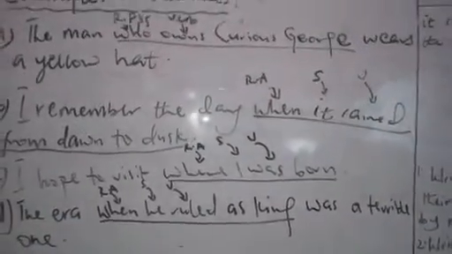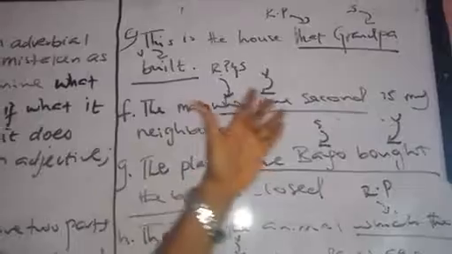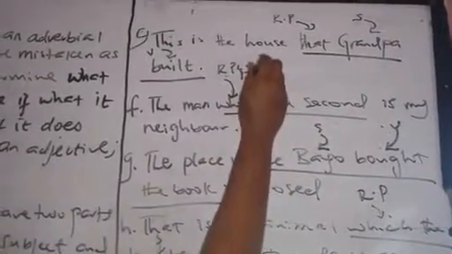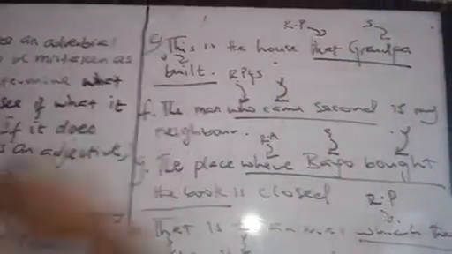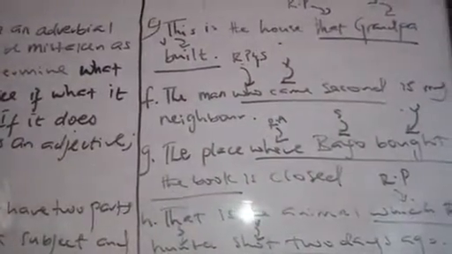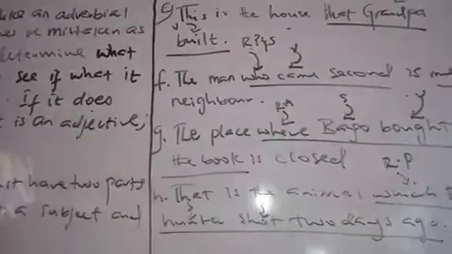It's a relative clause. Please note. This is a house that Grandpa built. You have the noun here, modified by the underlined part. That Grandpa built is the relative clause, introduced by the relative pronoun that.